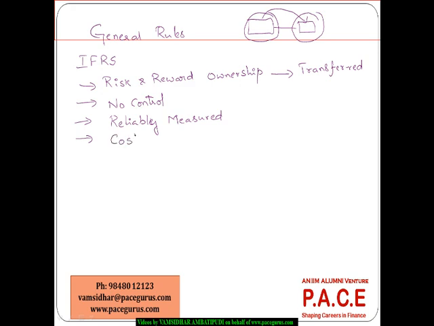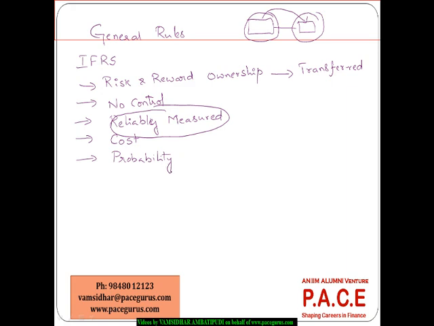Even the cost associated with this particular good that is sold, I should be able to measure reliably, and there should be a good probability that I would be receiving the money. It should not result in a default.